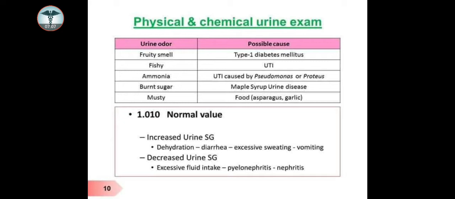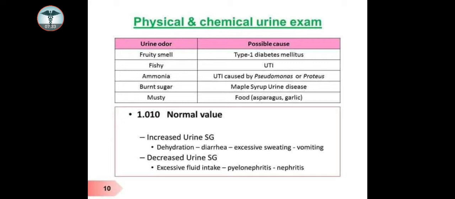An ammonia-like odor is usually due to a UTI caused by Pseudomonas or Proteus. The burnt sugar odor is associated with maple syrup urine disease, and a musty odor is associated with foods like garlic and asparagus.